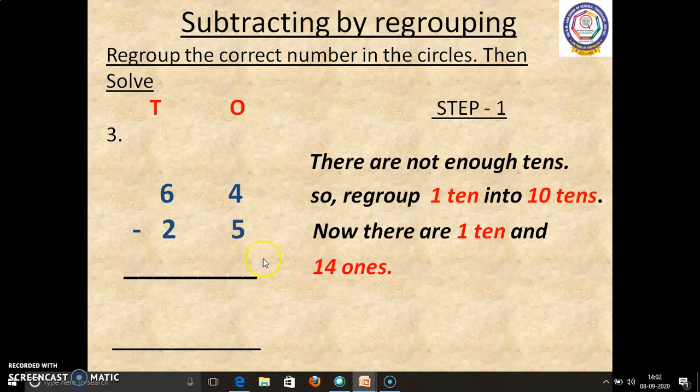Third sum, 64 minus 25. There are not enough ones. So we have to regroup. Number 4 is the smallest number when compared to number 5. So we have to regroup 1 ten into 10 ones. 6, before it 5. Now there is 1 ten and 14 ones.